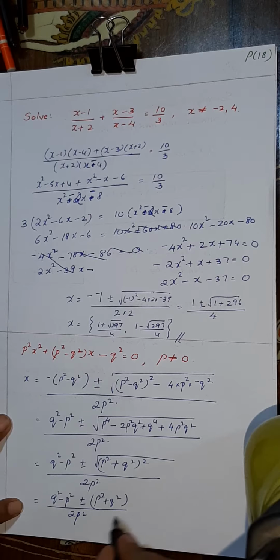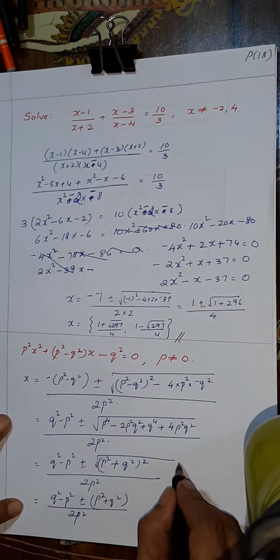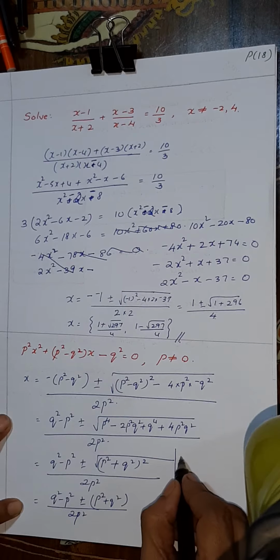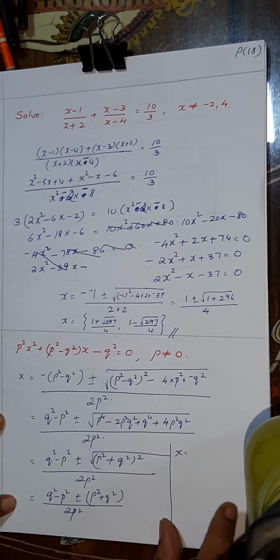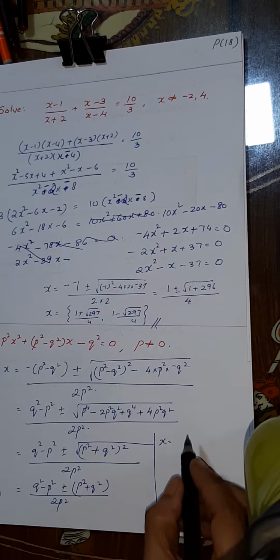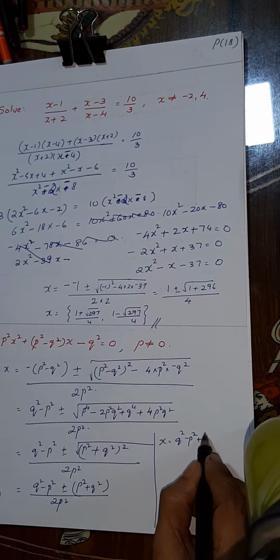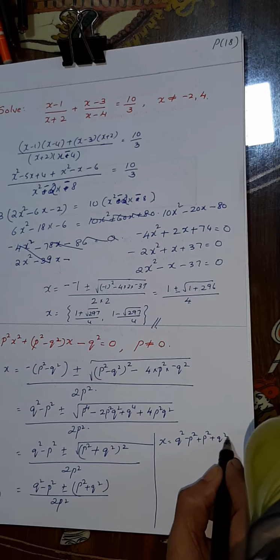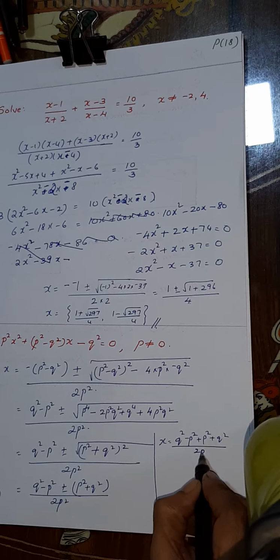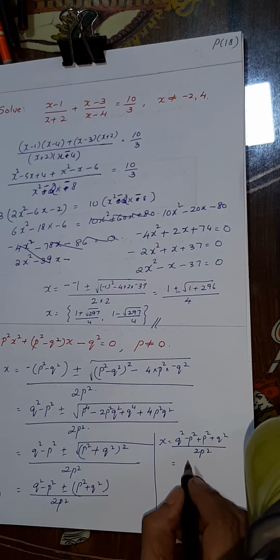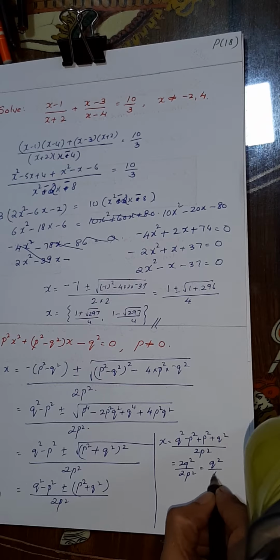Therefore x is equal to q squared minus p squared plus p squared plus q squared by 2p squared, that is equal to 2q squared by 2p squared, so that is equal to q squared by p squared. This is one root.